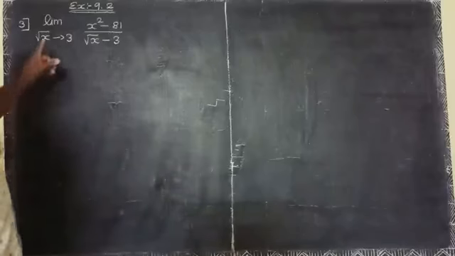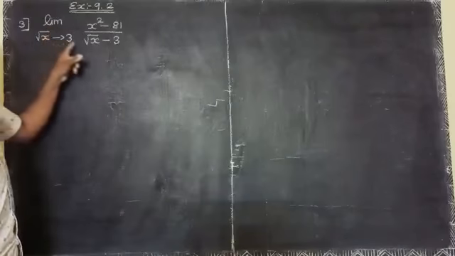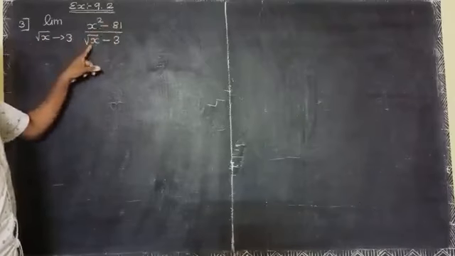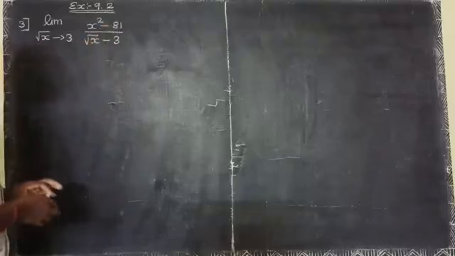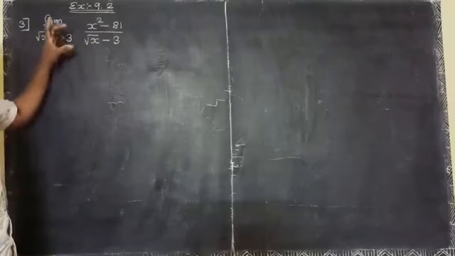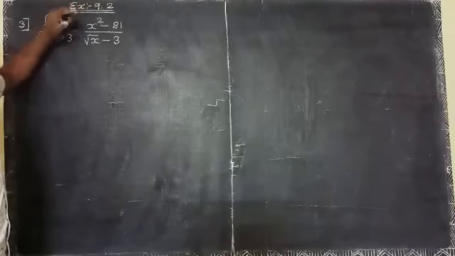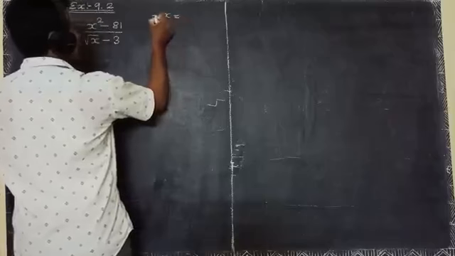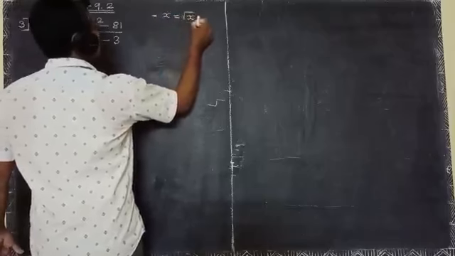Question number 3: limit root x approaches 3 of the function (x square minus 81) divided by (root x minus 3). Here replace root x equal to 3. Then the function has x square. So x can be written as root x into root x.